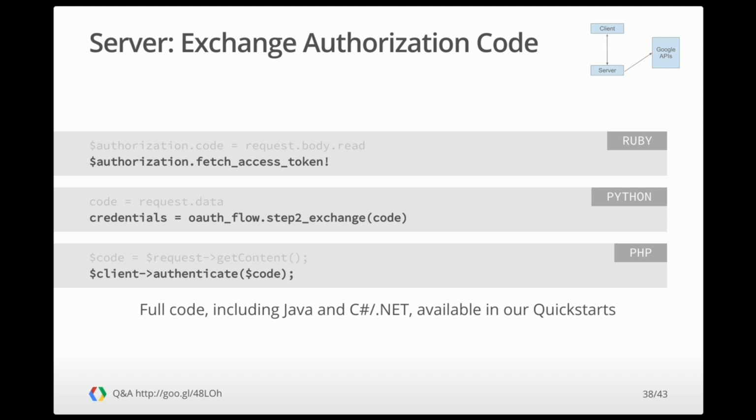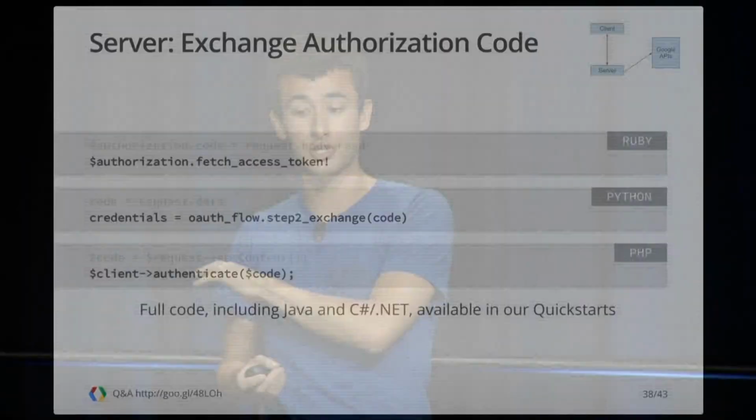Like in Ruby, authorization, fetch access token, credentials, you just exchange code. Client, authenticate with the code. So these are just one line, very easy. And our library will take care of the exchange for you. And from there, you also, again, don't have to worry about dealing with the access token or refresh token, because the library does that for you. This is fully available in our quick starts. You can pick your language and have it running in 10 minutes. It's really easy.